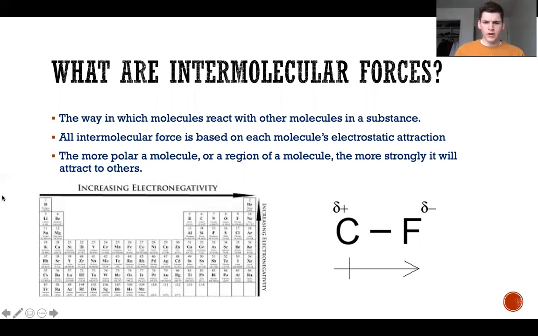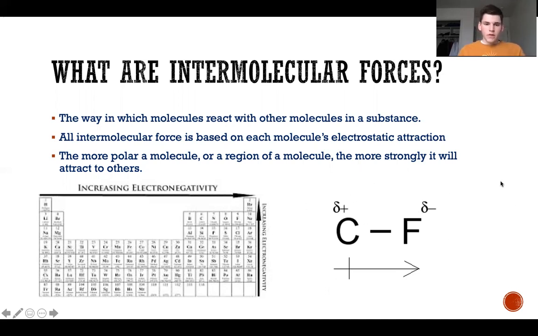And remember how in a bond, like it shows here with carbon fluoride, sometimes you get elements bonded that have vast differences in electronegativity. So for example, here fluorine is a lot more electronegative than carbon. And so we denote that with either this little symbol, a sigma negative, sigma positive, or this little plus and an arrow to show how one side is more negative and one side is more positive.